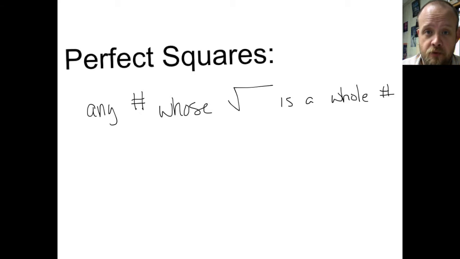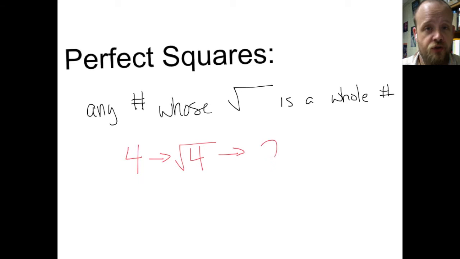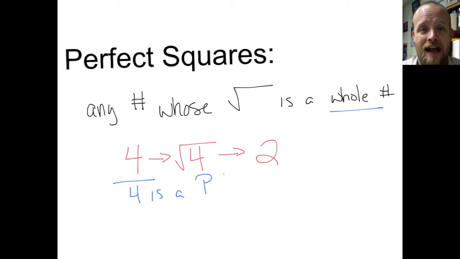So, for example, if you take the square root or radical of 4, the answer is 2, which is a whole number. That means that the number 4 is a perfect square, because the radical or square root of it is a whole number.